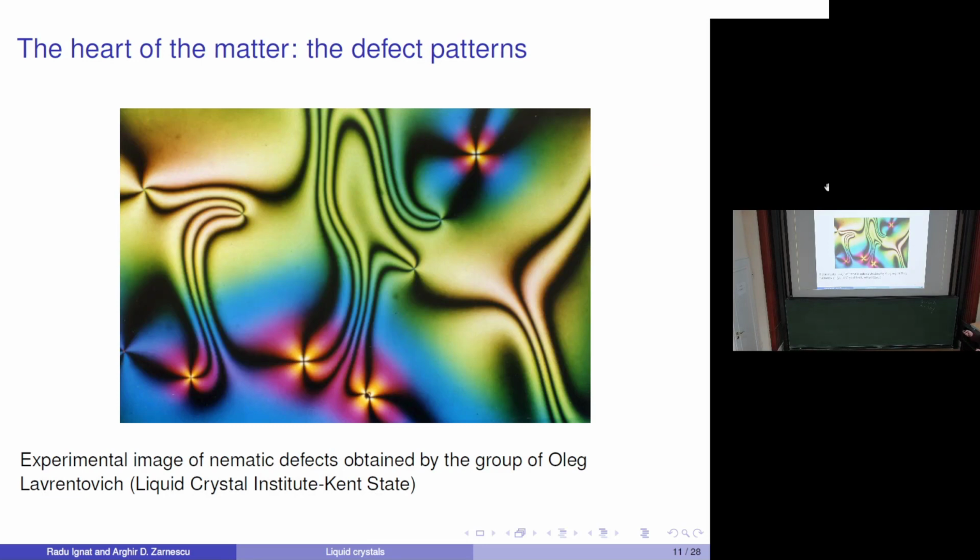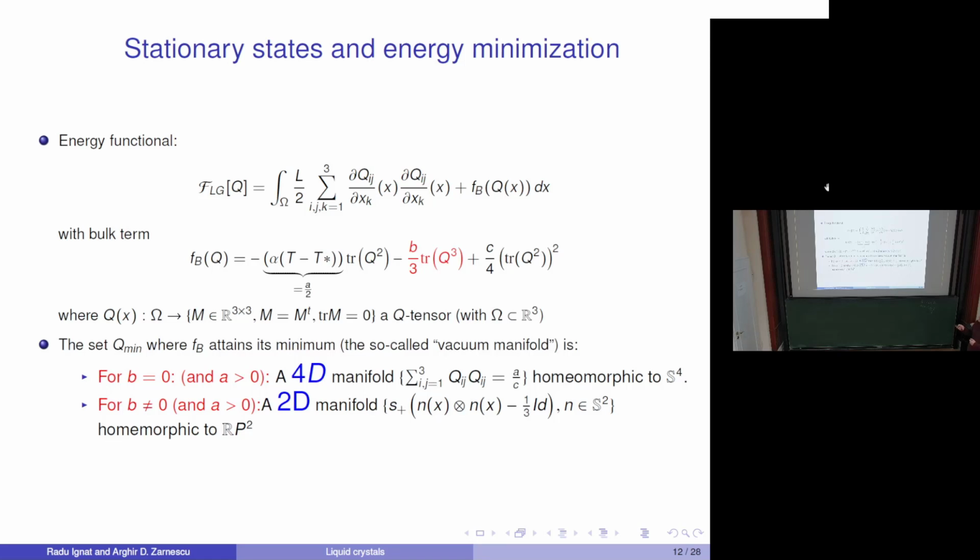So this is what we are trying to describe, using these tools, these matrix-valued fields, or these line fields, or these vector fields. And the simplest thing in which you can try to obtain some information out of these modeling tools that we developed so far is the case when you do energy minimization, right?